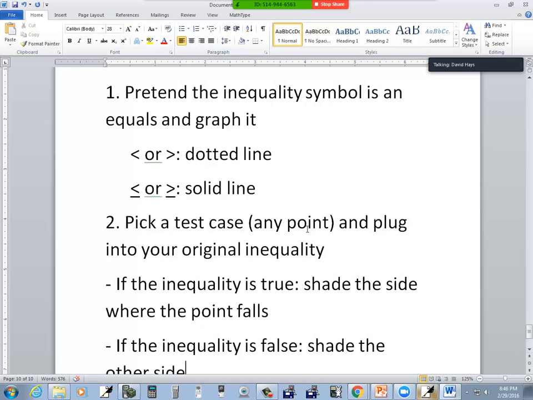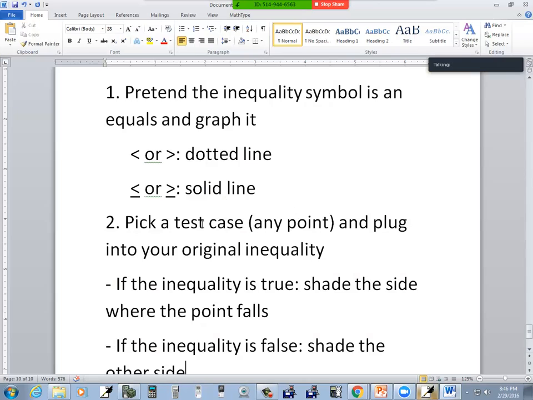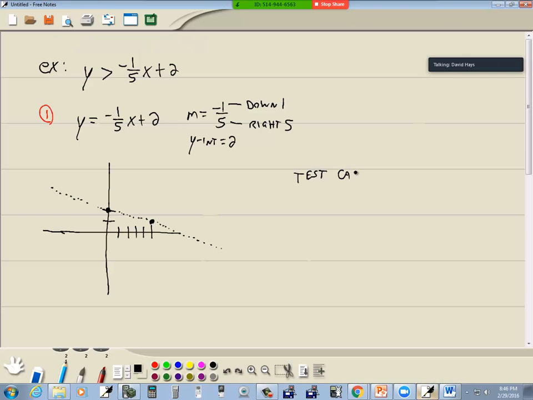Now I say pick a test case, any point, and plug into your original inequality. It does not matter what point you pick. Usually your best one for your test case, if you can pick it, will be your origin. Your origin is where they intersect, right here.